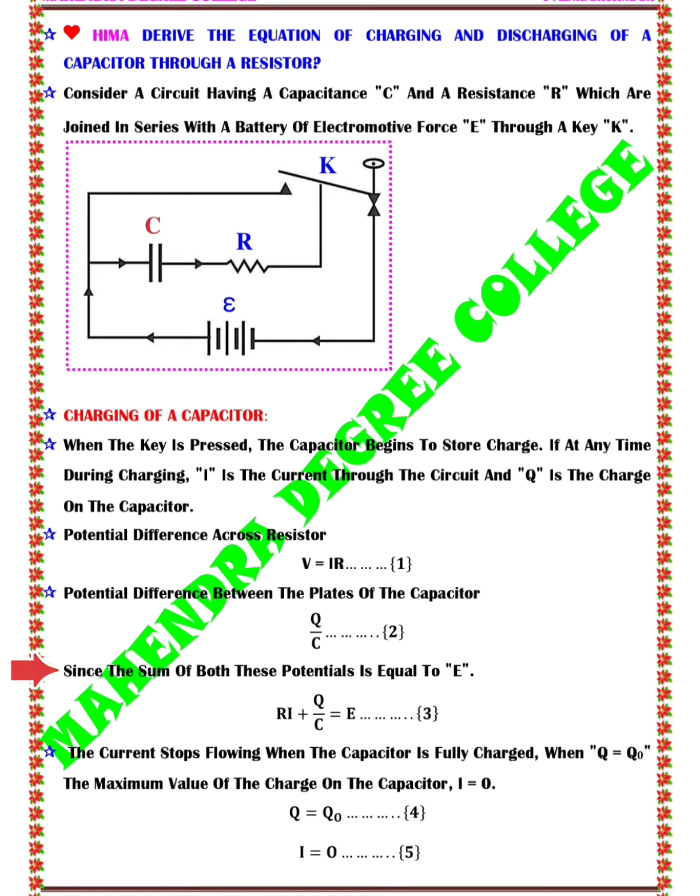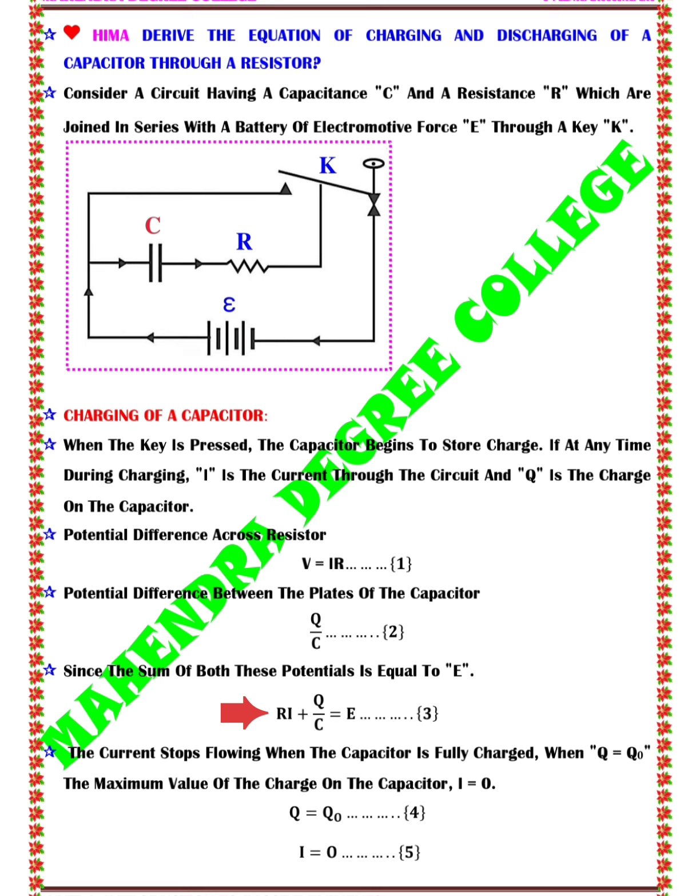Since the sum of these potentials is equal to E, that is Ri plus Q by C equals E. This is equation number 3.